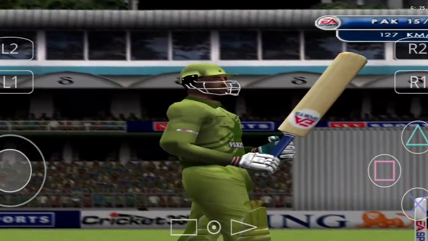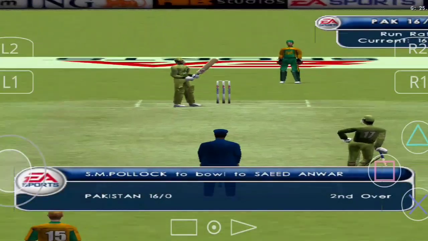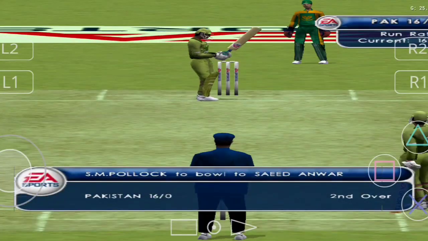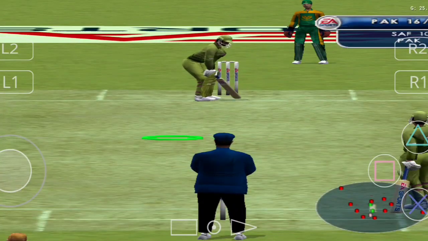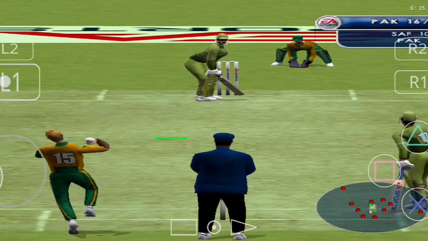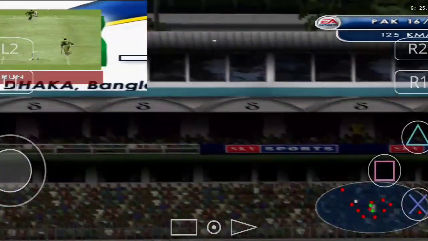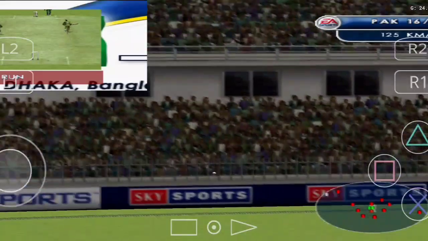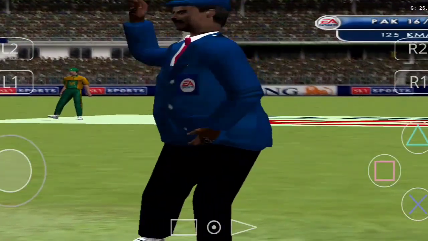Pakistan, no wicket for 16. That's gone high in the air. That takes it into double figures.